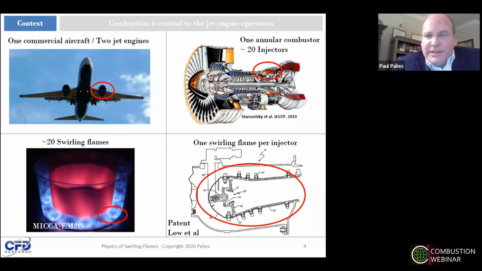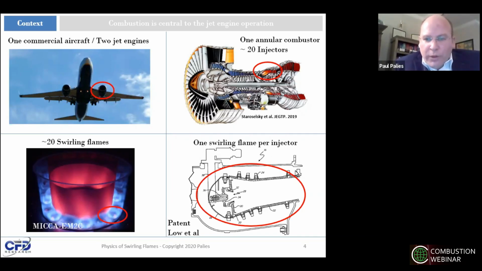And each of these annular combustors has around 20 swirling flames, 1 swirling flame per injector. And the bottom left image is a visualization of a laboratory scale combustion system presenting such swirling flames. And you can see the typical annular distribution of these flames.